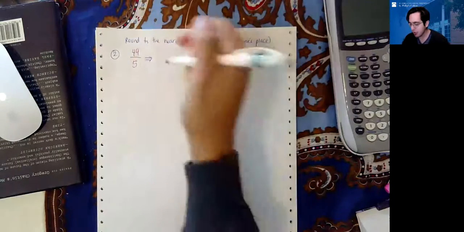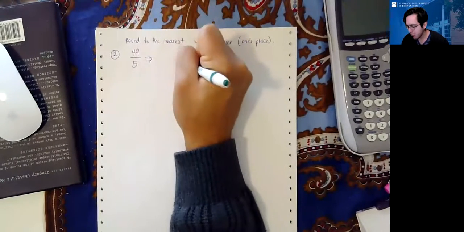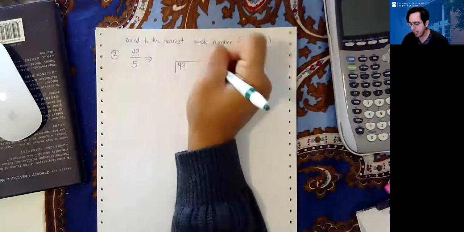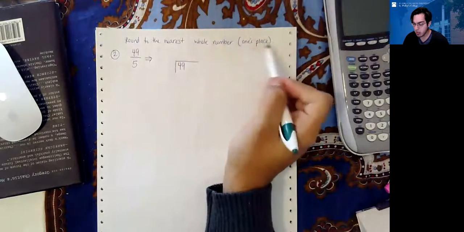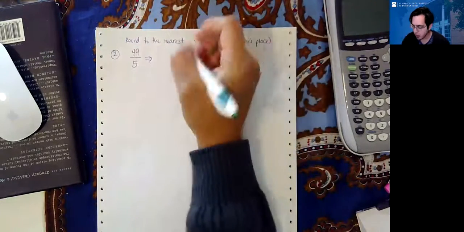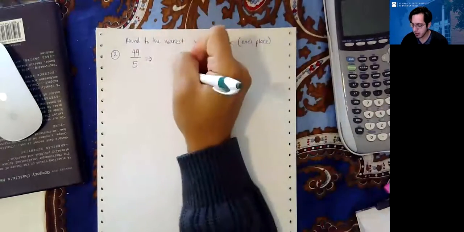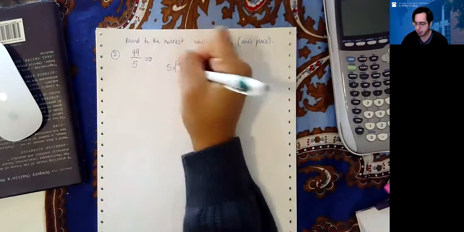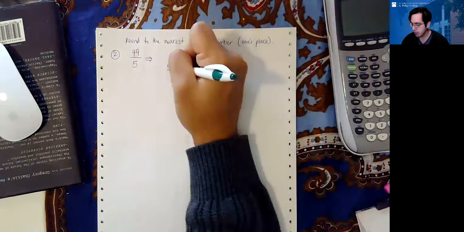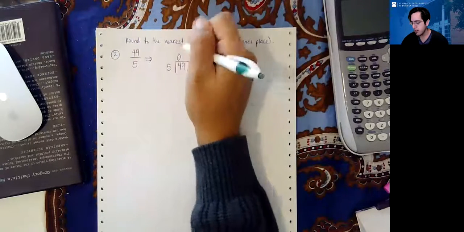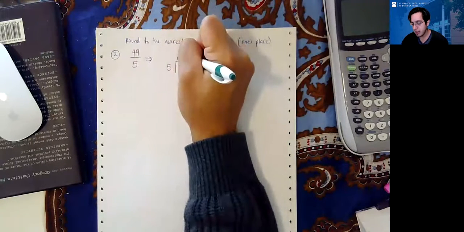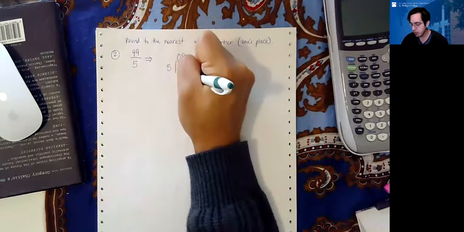So we could throw this into our long division algorithm, 49. And since we want the ones place that we're going to round to, we want to go 1 decimal place out beyond that. Okay. And we'll divide that by 5. So we say 5 doesn't go into 4, goes into 49 9 times, that's 45.